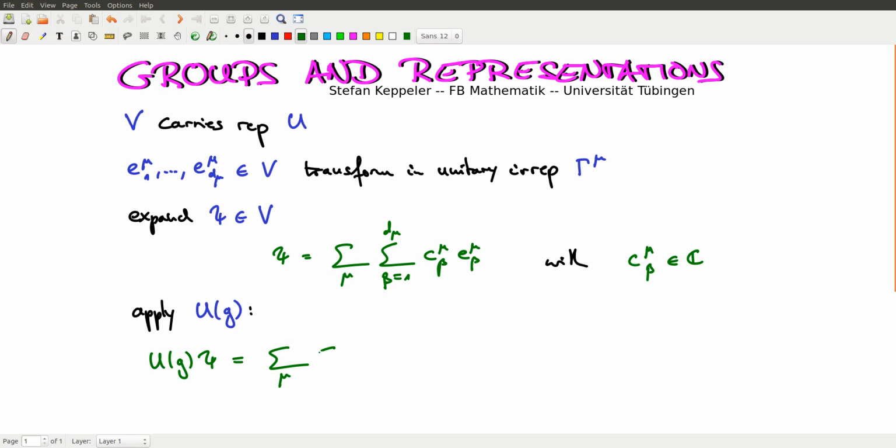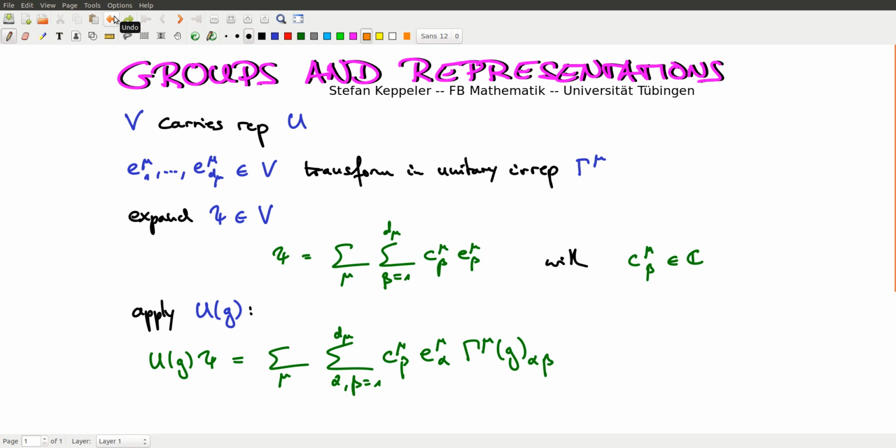Sum over mu, sum over, let's say, alpha and beta from 1 to d mu, c mu beta, e mu alpha, and let's say gamma mu of g alpha beta. So this is what it means that these transform in this irrep here.